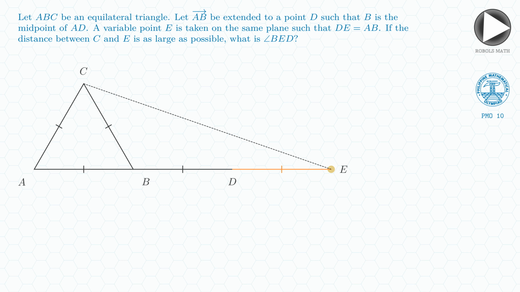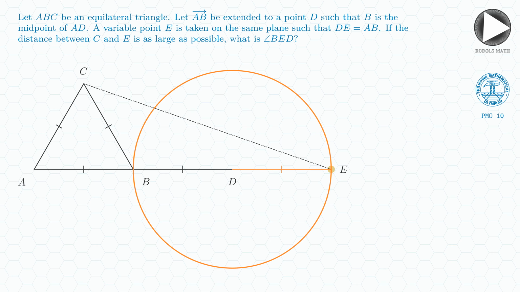What we know so far is that E is at a fixed distance from D, which means that the locus of possible points of point E is the circle centered at point D, with radius equal to that fixed distance.